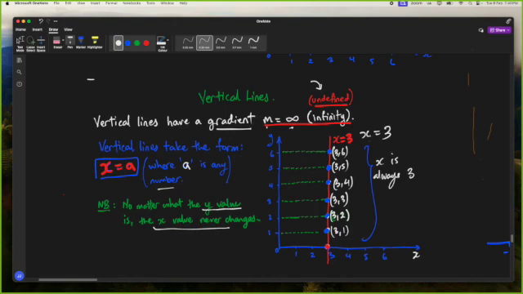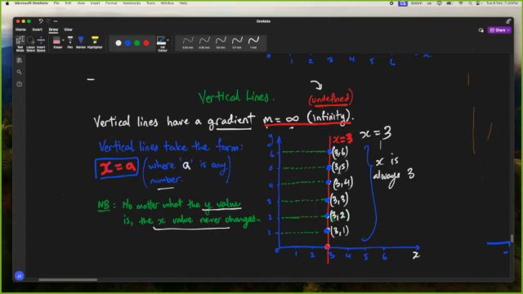When you see x is equal to a number, you have to know that that is a vertical line. Students get this mixed up all the time. When you see y equals a number, that is horizontal. When you see x equals a number, that is vertical.